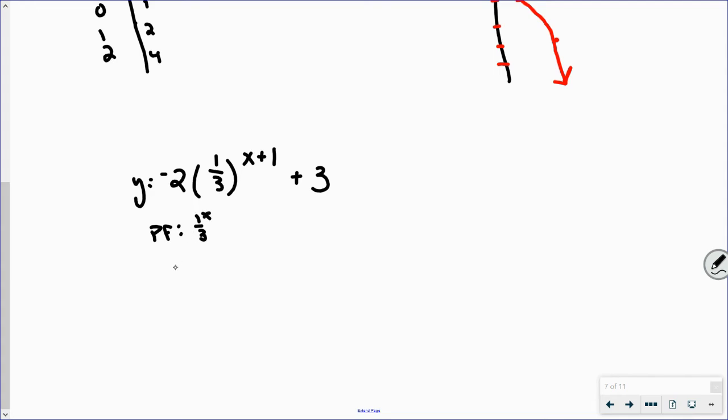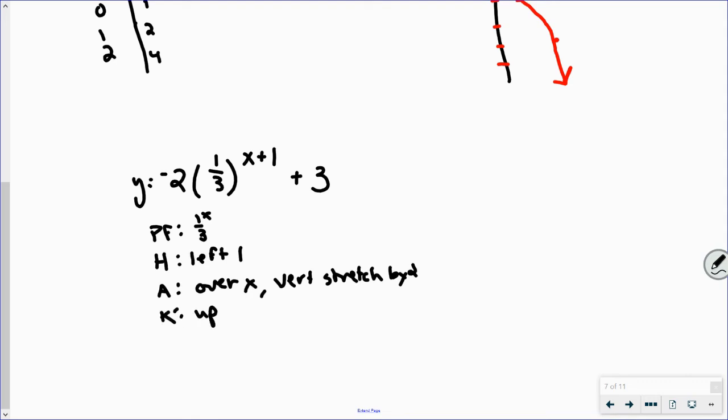So that's going to be exponential decay here of a decay value of 1/3. So h is going to go left 1. No b, a is going to go over the x and vertical stretch by 2. And then our k is going to go up 3.